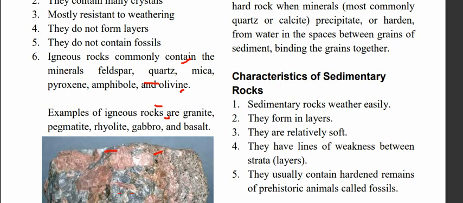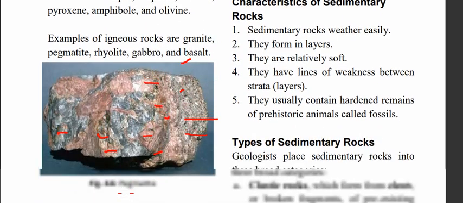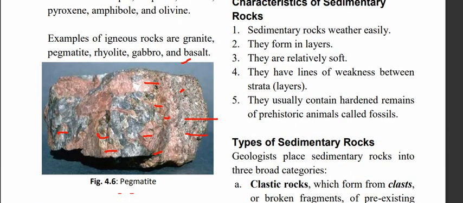Examples of igneous rocks: we have granite, pegmatite, rhyolite, gabbro, and basalt. These are some of the common examples of igneous rocks. So this is an example of pegmatite.